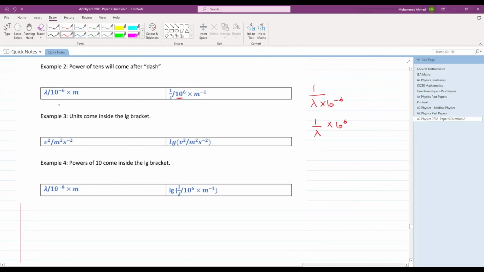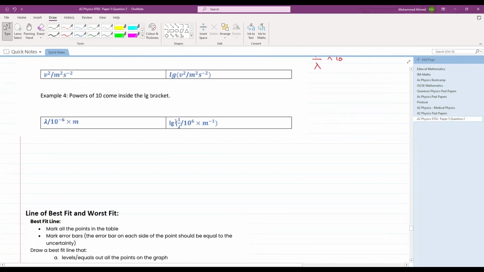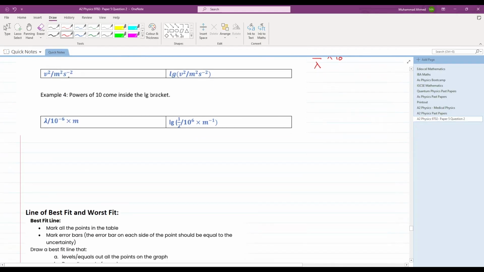The basic crux of telling you this is, if lambda has a power of 10 raised to the power of minus 6 and you are taking 1 over lambda, 1 over lambda will have a power of 10 raised to the power of positive 6. And the units will also invert. If this is meter, this will be meter minus 1. Simple. Let's say you have velocity square slash meter square s minus 2. If you are taking an LG of this, the units and everything will remain the same. Let's say you have lambda 10 raised to the power of minus 6 into meter.